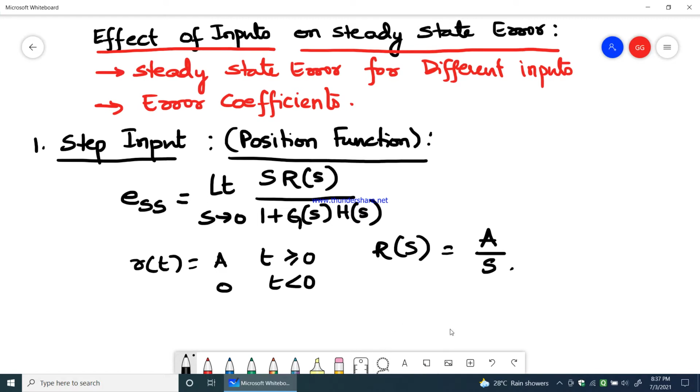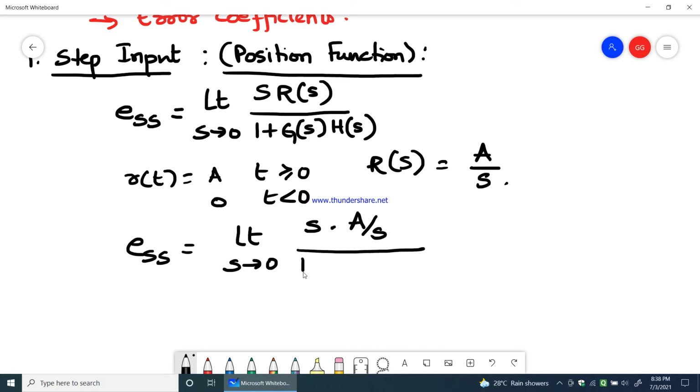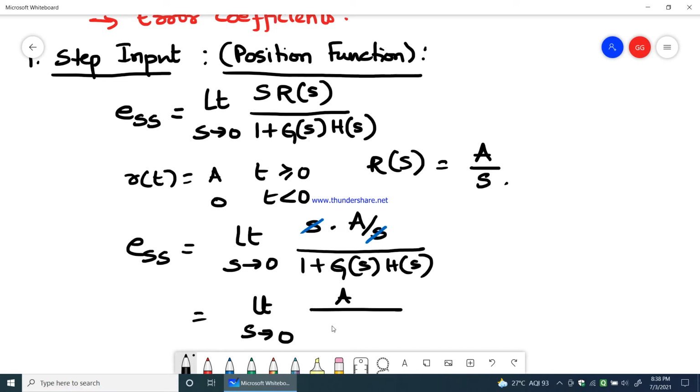Therefore, the steady state error for step input would be equal to limit s tends to 0, s into R of s, which is A divided by s for step input, whole thing divided by 1 plus G of s into H of s. Therefore, you see s and s will get cancelled, so you will be getting limit s tends to 0, A divided by 1 plus G of s into H of s.